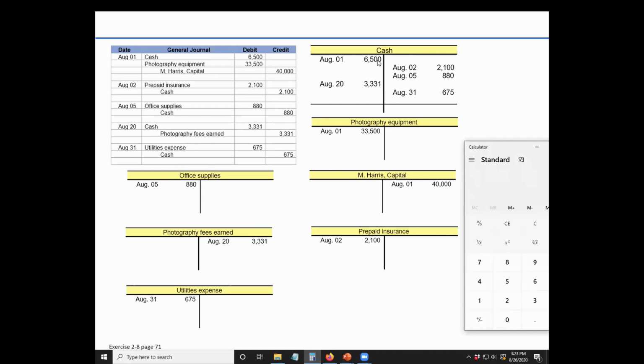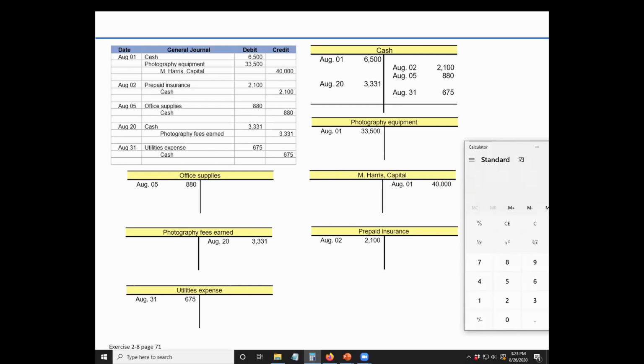So for example, for this business, cash is a separate account. Photography fee earned is a separate account. Office supplies is a separate account. Utilities, all of those are separate accounts. And you'll have a chart of accounts that lists out all of your accounts. Okay. Thank you.